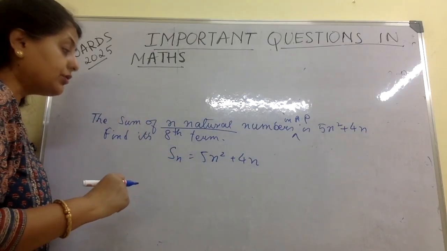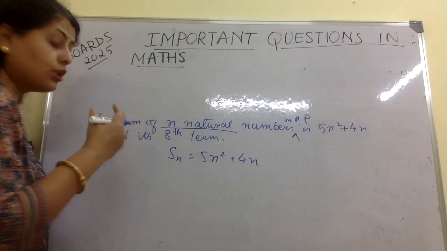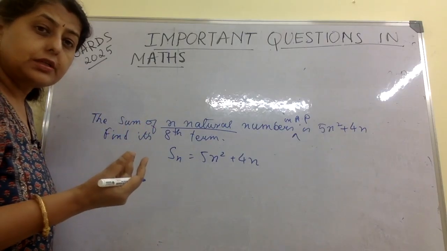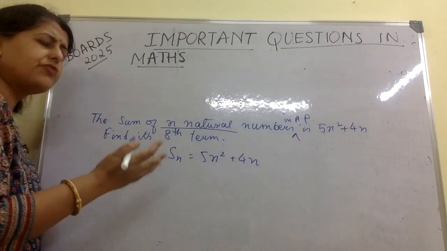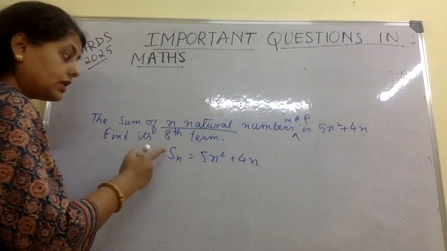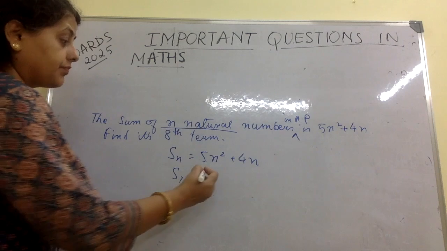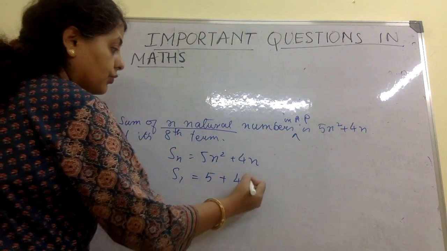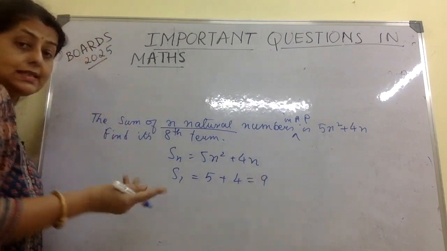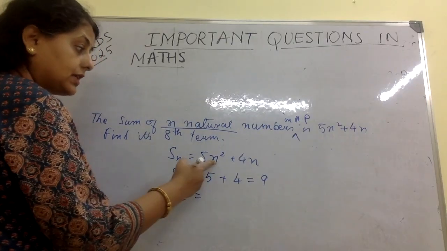Remember this. Now if they ask us for the first term, that also I want to tell you. Some questions might even ask you to find the AP. So how do you find the AP? What is the first term? The first term is definitely the sum till the first term. So 5 plus 4, which is 9. What is the second term? And people make this mistake. That is why I have taken up this sum.